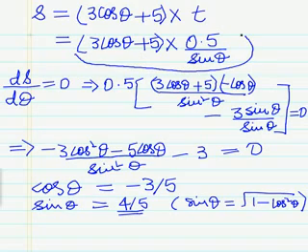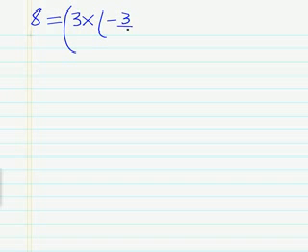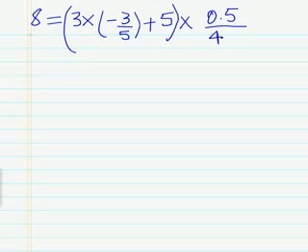Now once we have sine theta and we have cosine theta, we can plug this in our formula for S, which was this. So let's plug in over here. We get S equals 3 cosine theta, which is negative 3 over 5, plus 5, into 0.5 over 4 over 5. We've just plugged in all the values.